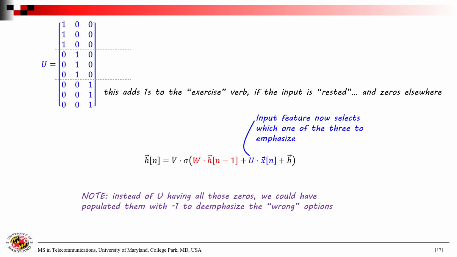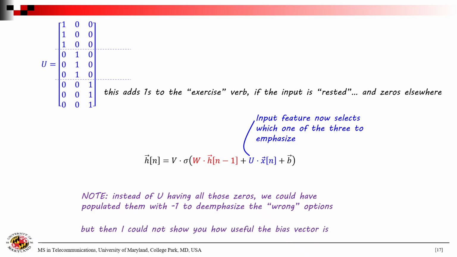And I'd like to point out at this point that I'm sure you could argue, wouldn't it be smarter instead of adding zeros to replace the zeros with -1 or something? Because in addition to emphasizing the verb that we want by adding 1, we could de-emphasize the ones that we don't want by adding -2 or -1 or something like that to all the wrong options.